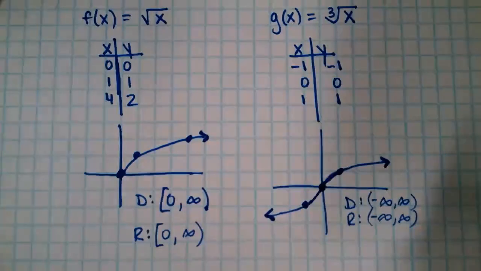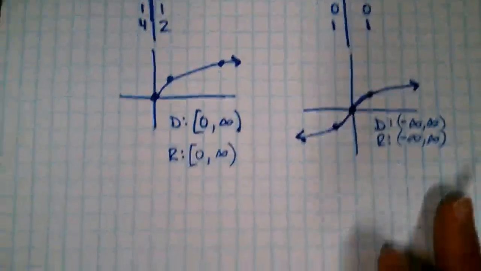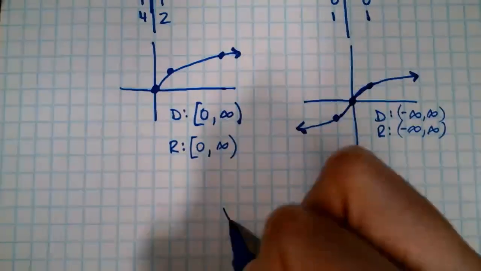Now, when we talk about our transformations, you can use whatever letters you want. The big thing to remember is that if it's inside the function, it's impacting the x's, and if it's outside the function, it's impacting the y values. So what do I mean by that?